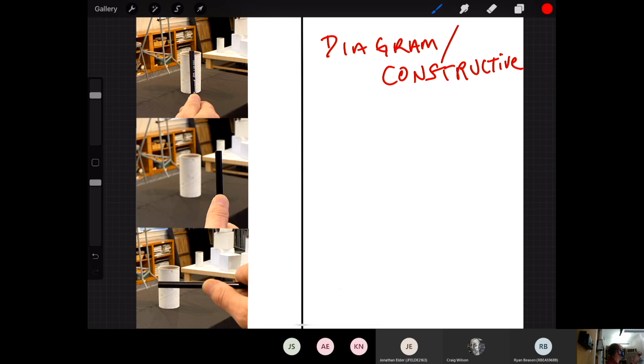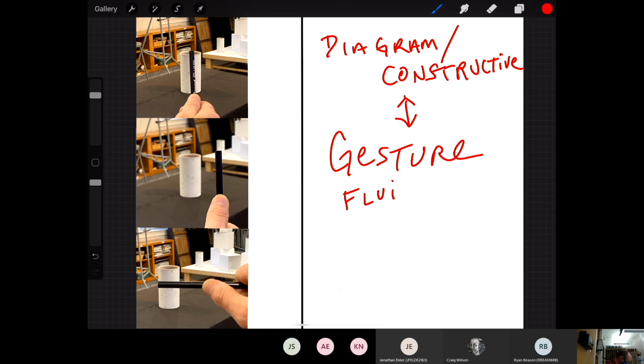Constructive line is about constructing a shape using diagramming methods like triangulation, center line, finding height and width, finding vertical relationships, horizontal relationships, diagonal relationships, etc. And we talked about how diagramming is very focused, very left brain, so mathematical, very objective, very controlled, and this is in opposition to the other type of drawing that we're going to start doing, which is called gesture drawing, which is more about not tightness, but fluidity.